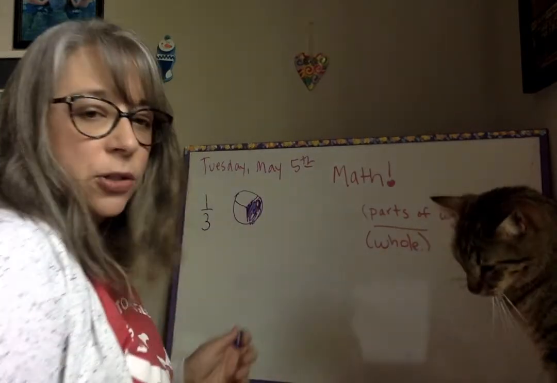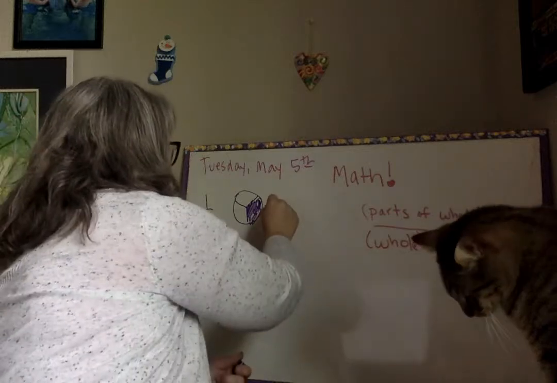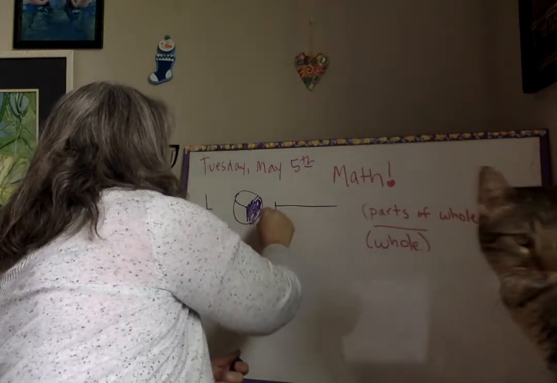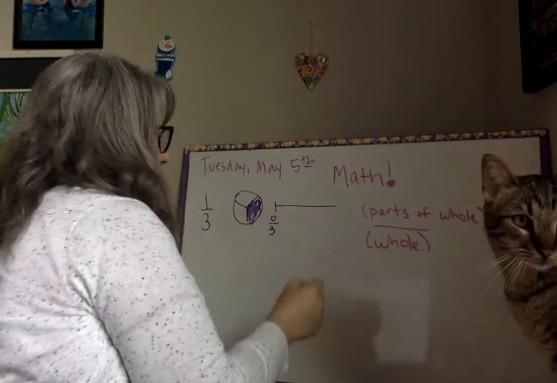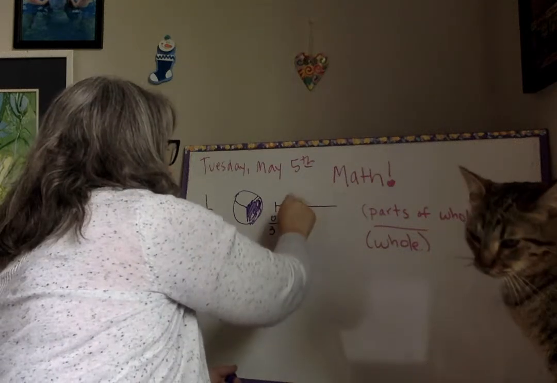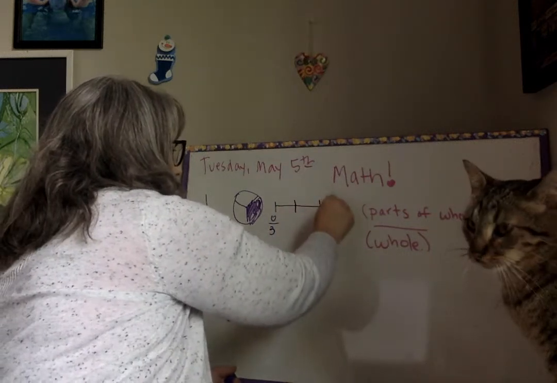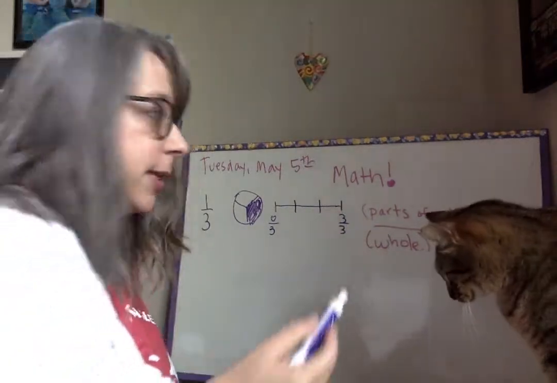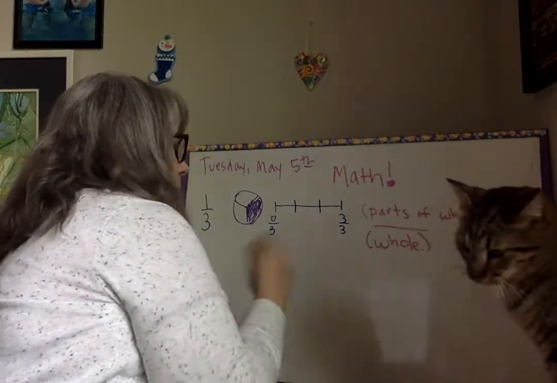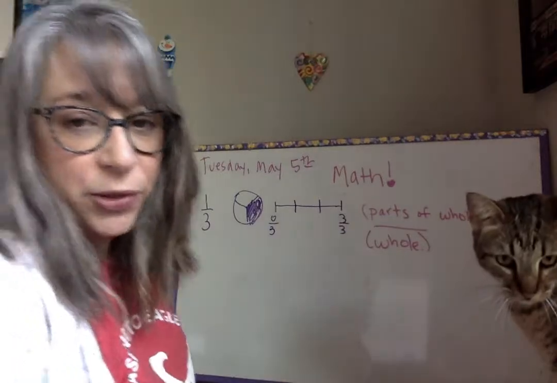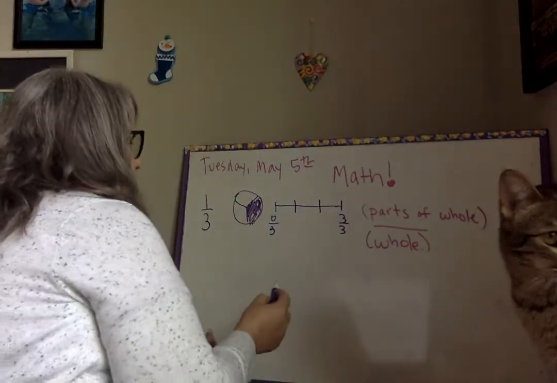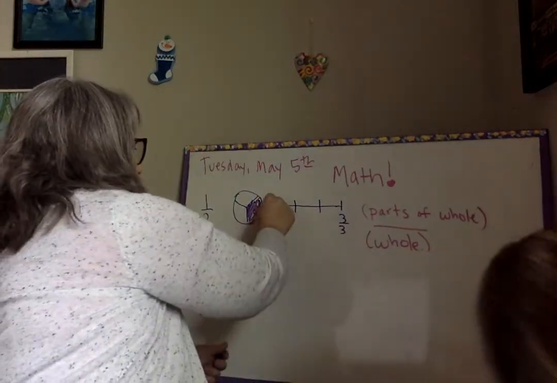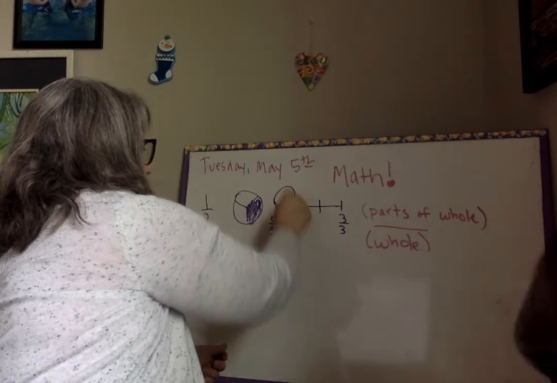And we can represent it on a number line. So 0/3, and now we have to divide this into 3 parts. So 1, 2, 3. And here's 3/3. So 3/3 is equivalent to 1. And if we were to do a number line, how many hops? 1 hop. There it is, 1/3.